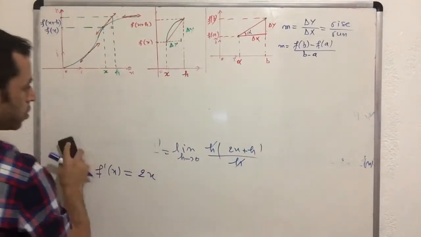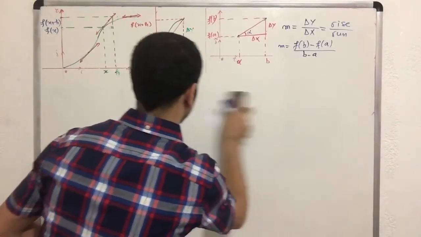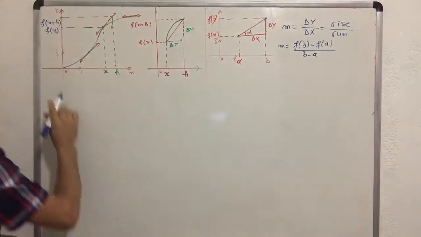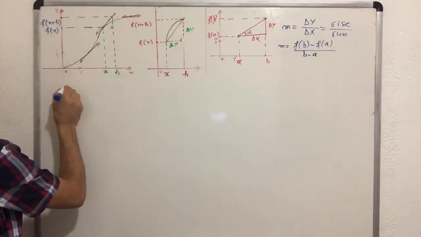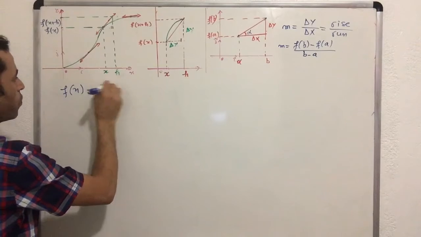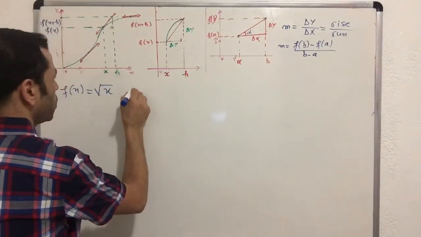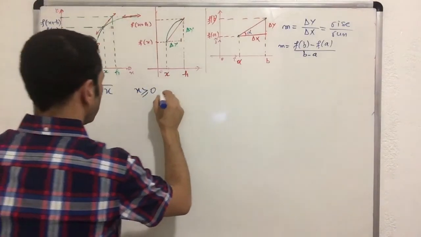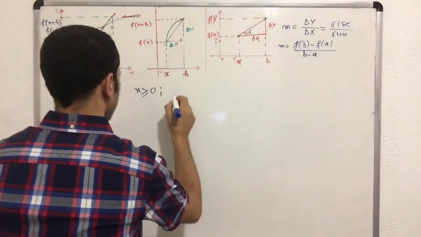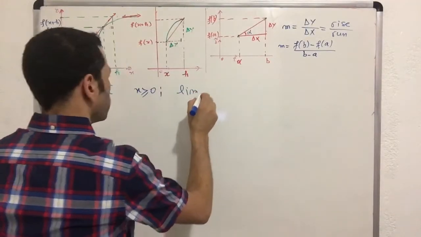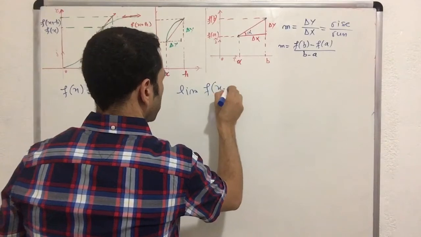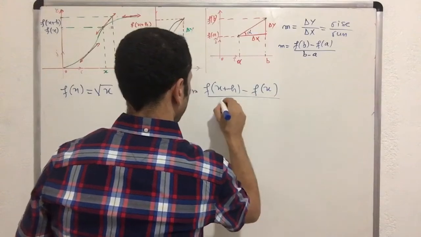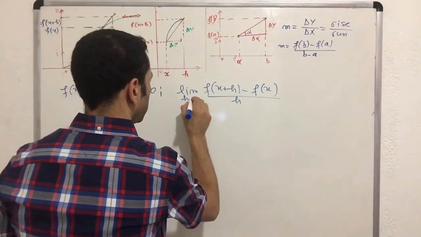And to make this very clear, we add another example. So let's put f of x equals the square root of x, where x is greater than or equal to 0. We are going to calculate the limit of f of x plus h minus f of x over h, where h is going to 0.